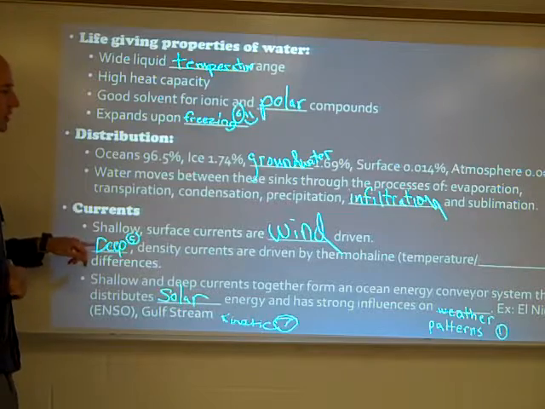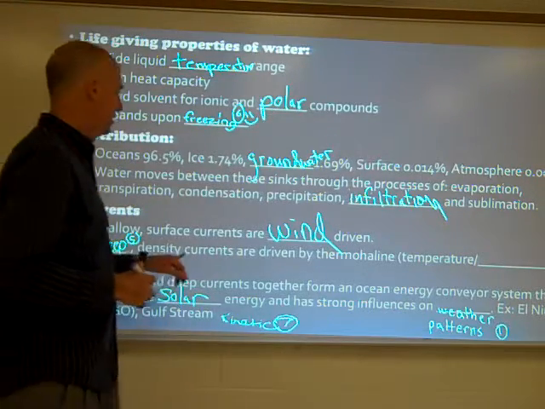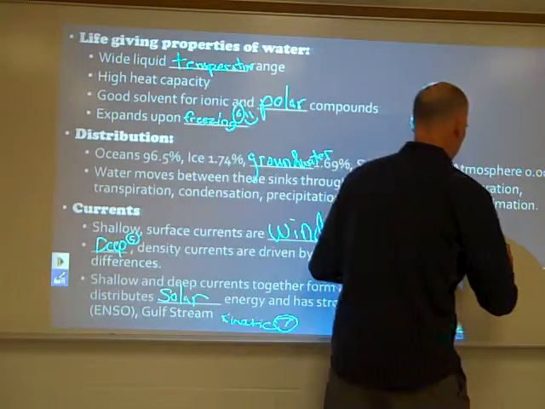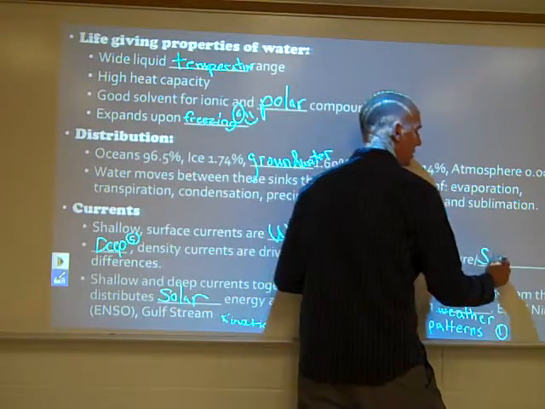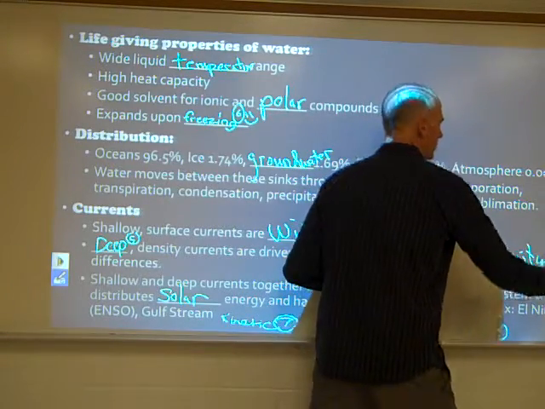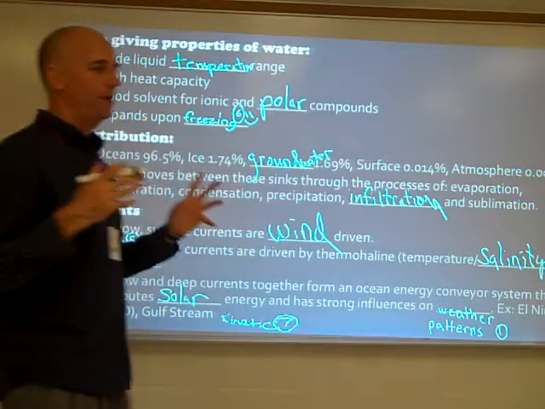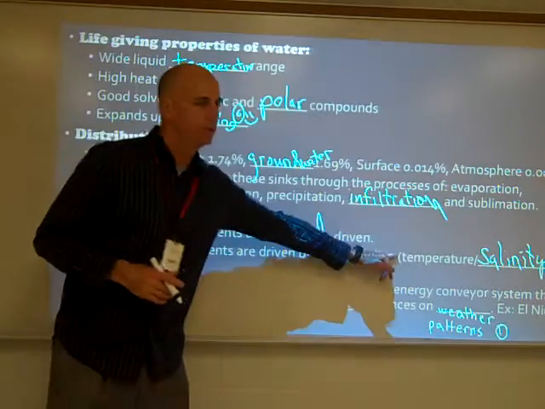Then you have a lot of deep currents that are caused by changes in density. Density changes are related to differences in temperature and salinity. As water moves around, with evaporation and precipitation happening, and as it goes from equatorial regions to polar regions, the temperature changes.